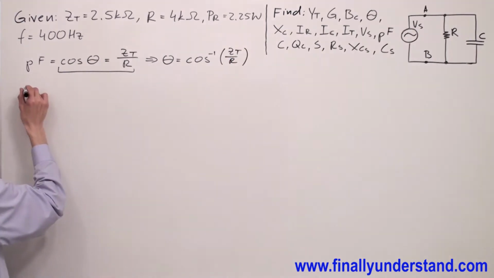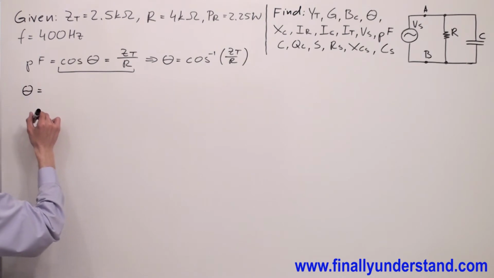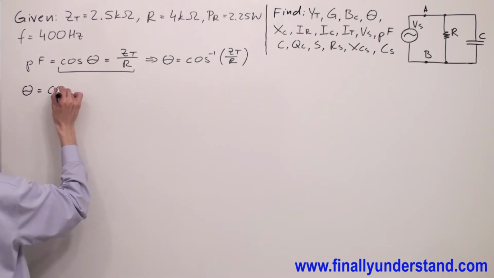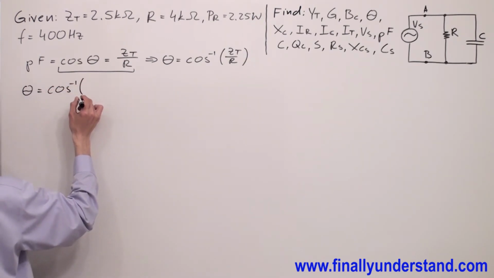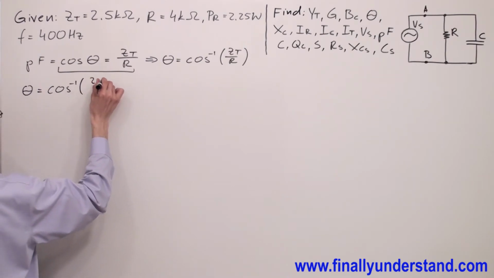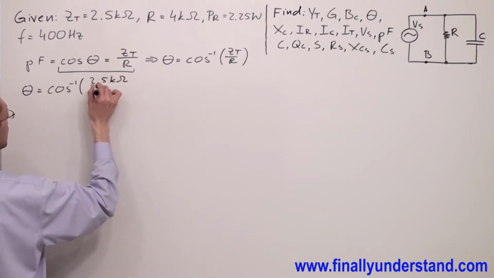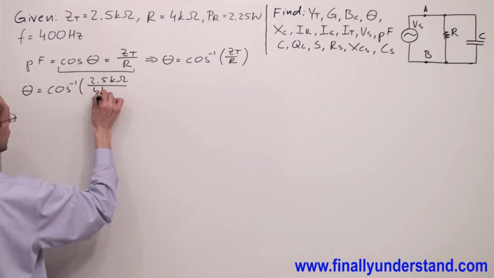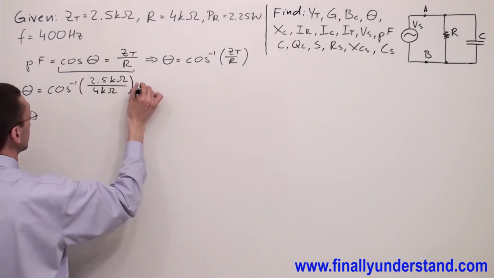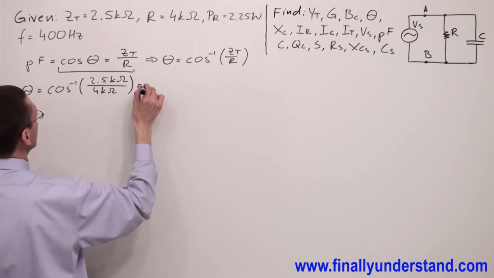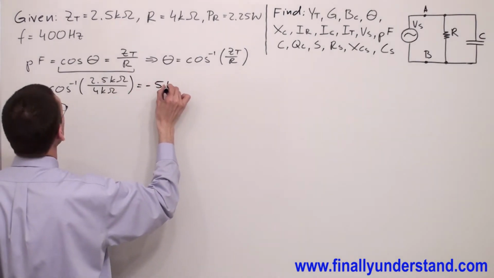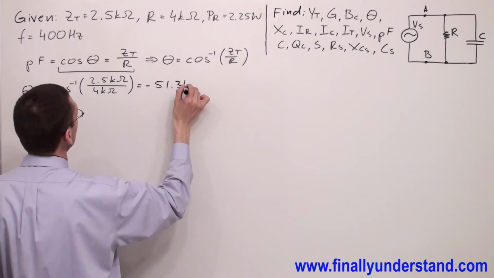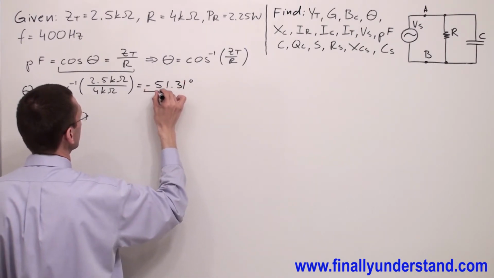So I have angle theta equals inverse cosine, and I have Z total 2.5 kilo ohms over R, which is equal to 4 kilo ohms. This is equal to negative 51.31 degrees.